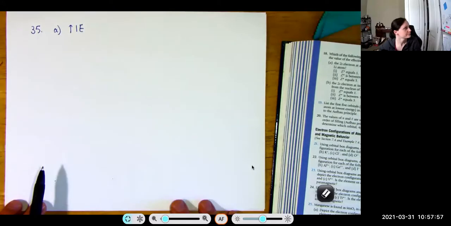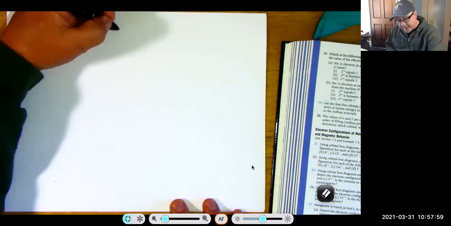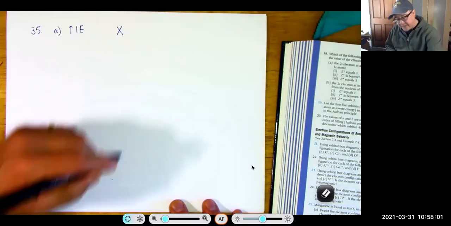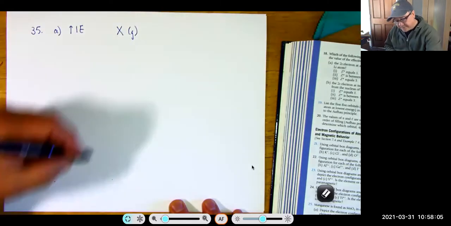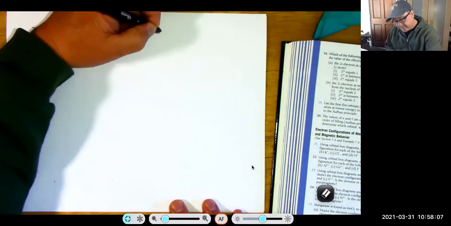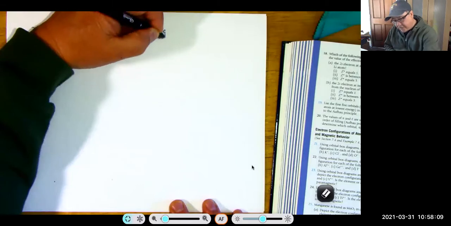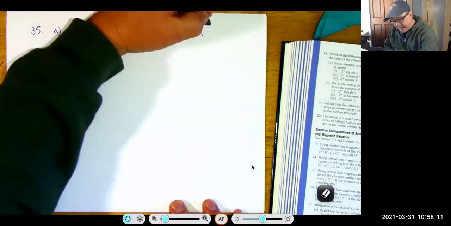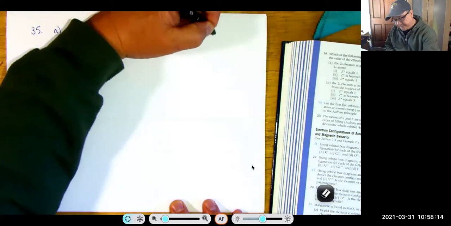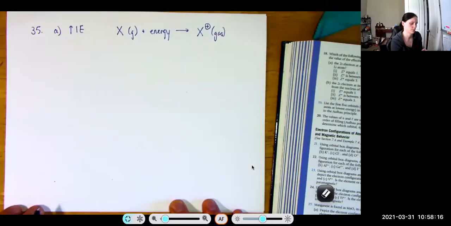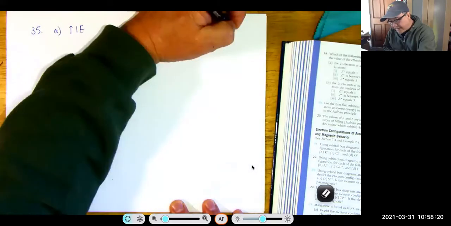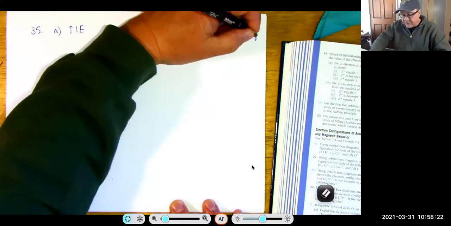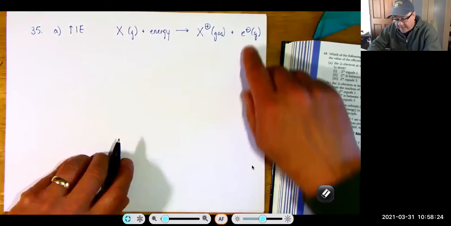Ionization energy is when you take an atom that's in the gas phase and you add energy and you end up getting a cation in the gas phase. The electron that comes off, we write down as an electron in the gas phase. And so here the electron has been taken off of the atom completely.